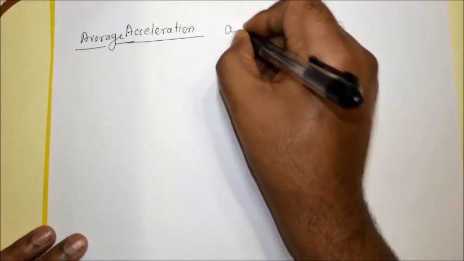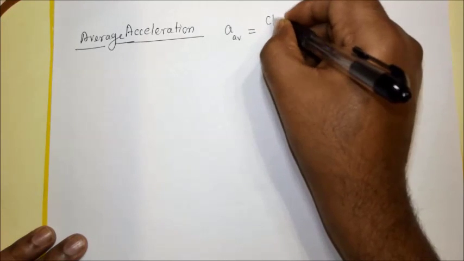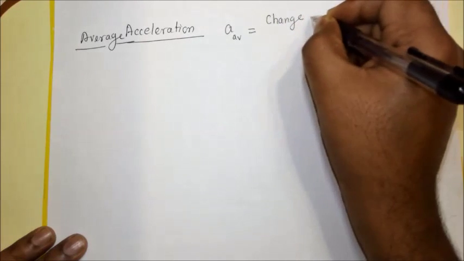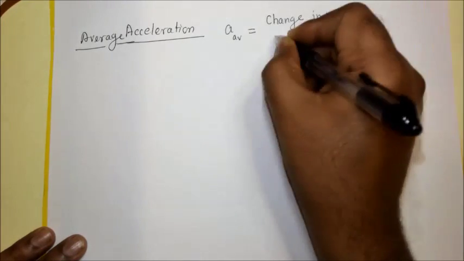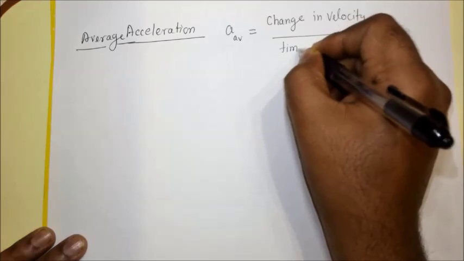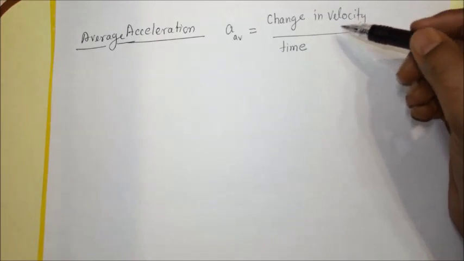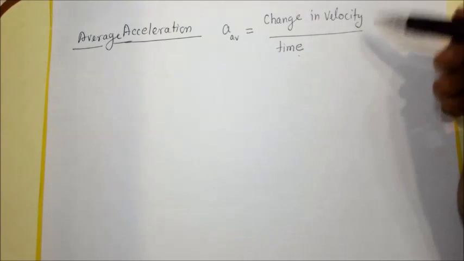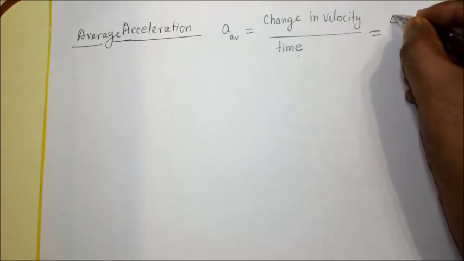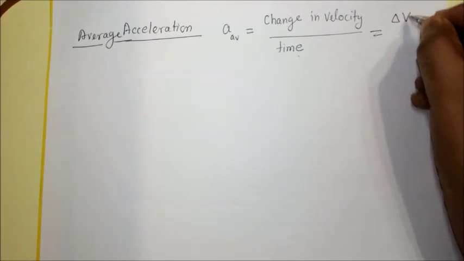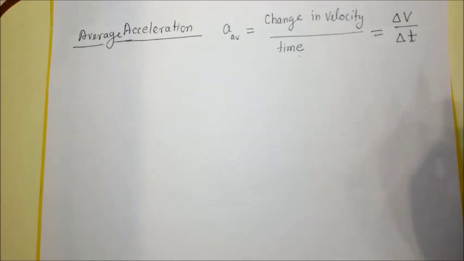Average acceleration is the change in velocity over the time involved. What does time mean? Time involved in this change. So delta V is the change in velocity over delta T, the change in time.